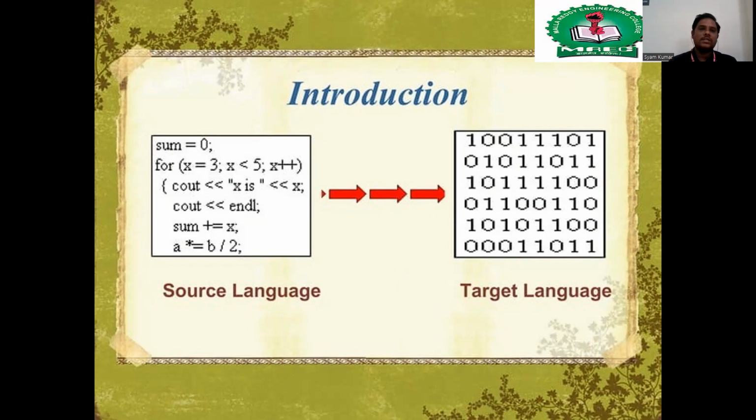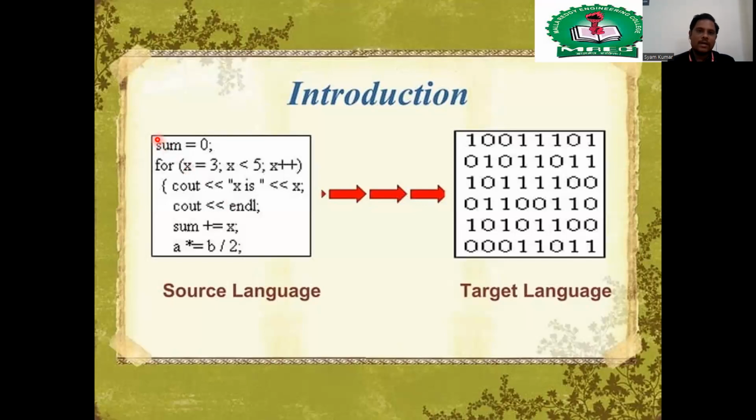Suppose a C++ program is there, with for (i = 0; x < 5; x++). All of this is called high-level language.